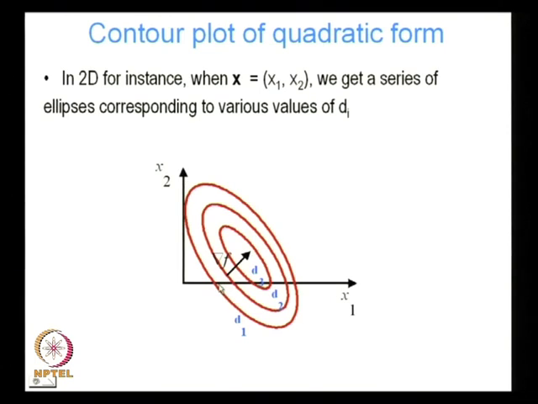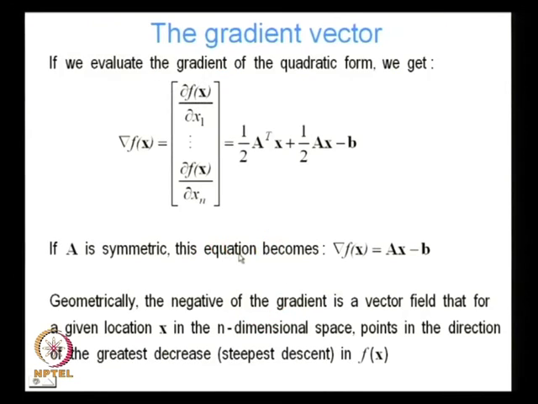So, I am going to try to go to the contour with the smallest value, and that is going to minimize my function f of x, right. So, starting from some location, how am I going to reach the contour with the smallest value? Starting at a certain location, how am I going to go there? And we will see that one way to get there is to use the gradient.